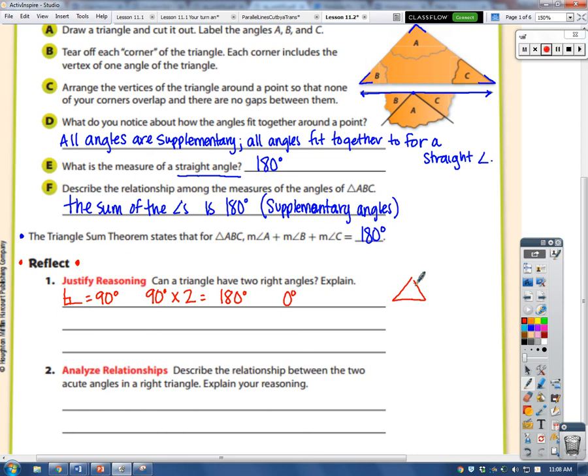So, you cannot have, no, the sum of the measure of the two angles is too big, right? The sum of the two right angles is 180.